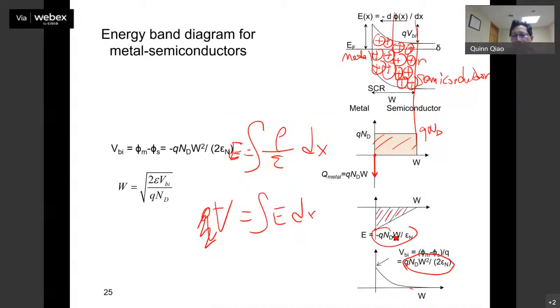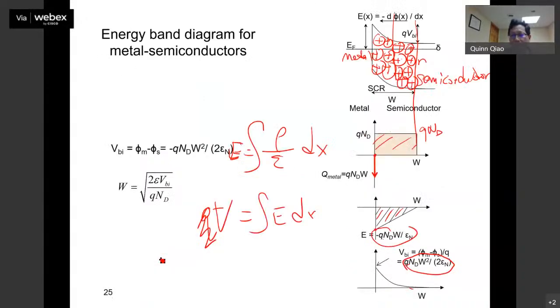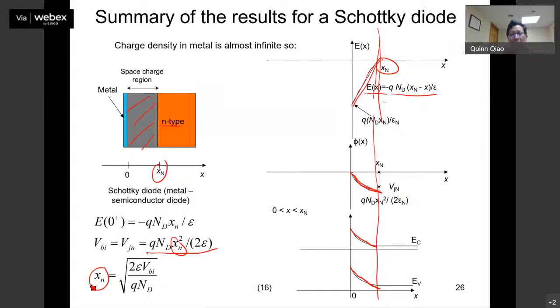Half of this multiplied by that, right? The same thing here, half, multiplied by x_n, W, right? The W is x_n. That's what you see, and then you can calculate x_n is this much. That tells you, for the metal semiconductor interface, what the depletion region is. How wide is the depletion?